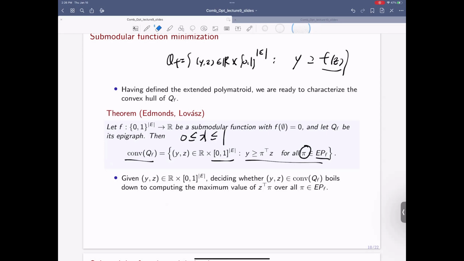And again, the extended polymatroid itself is a continuous set where pi is an E-dimensional vector, with the summation of pi of e over e in S at most f of S for all subsets S. So this is a continuous set, which is a polyhedron. For every point from the continuous polyhedron, you define this inequality. Okay, this is the convex hull.